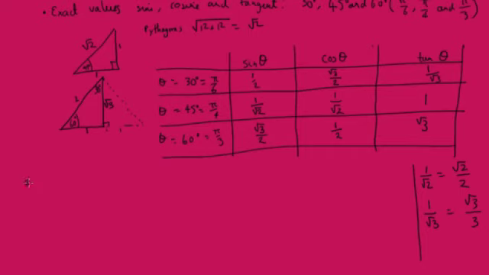So we've got sine of 30 times cosine of 45. We want to find that value. So we go to our table. Sine of 30 is a half. Cosine of 45 is 1 over root 2.